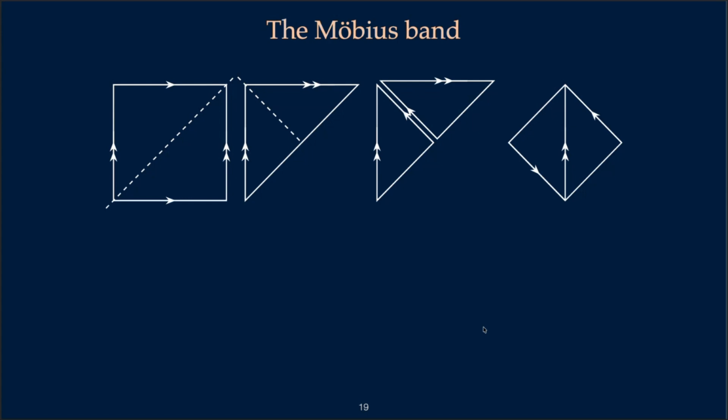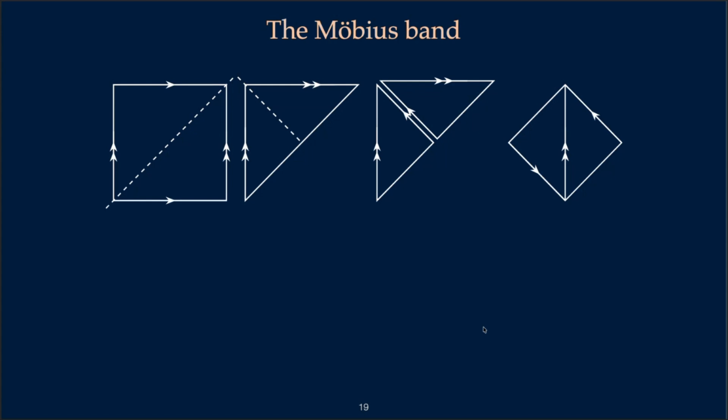So an easier way to visualize this is if we slice open this triangle, and then we get two triangles, and then we glue them back together, right? And then we get this Möbius band by gluing this side to this side.